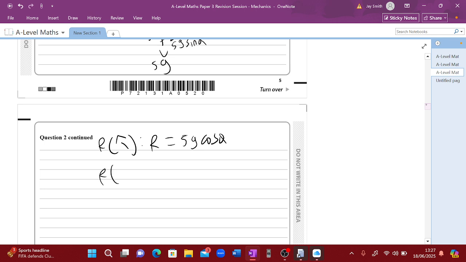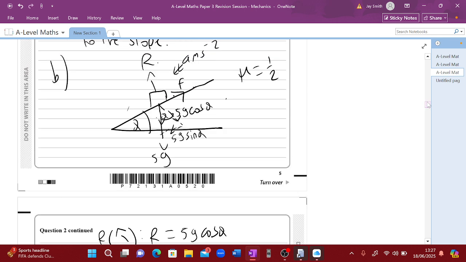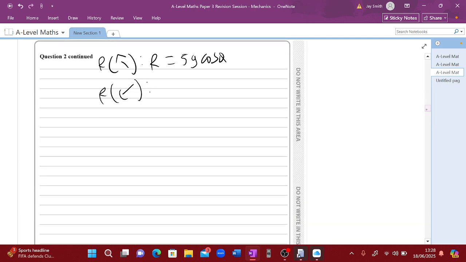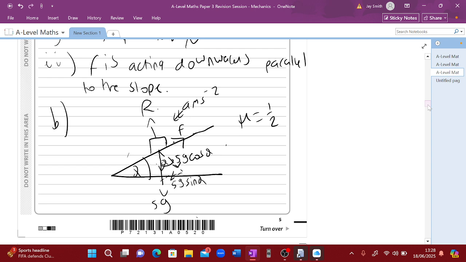But this is where the parallel direction gets interesting. If I'm going to resolve downwards now, what's acting downwards? There's 5g sine alpha down here. And then what's acting upwards? I'm taking downwards to be positive because acceleration is going down, which is a wise decision in this case: make the positive direction the direction of acceleration.